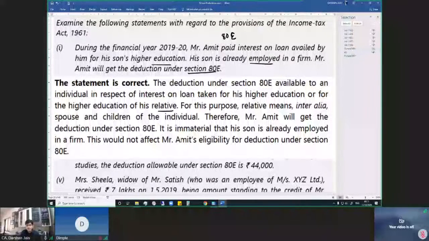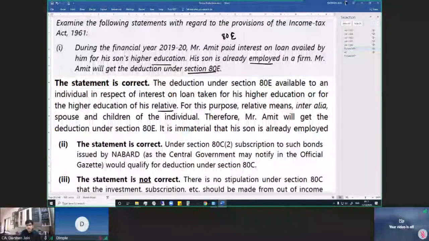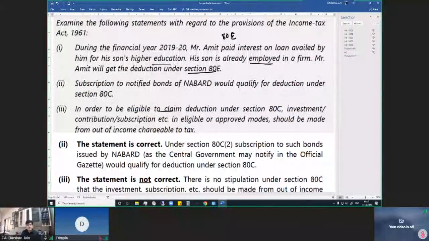Then, next is subscription to notified bonds of NABARD. Would it qualify for deduction under section 80C?